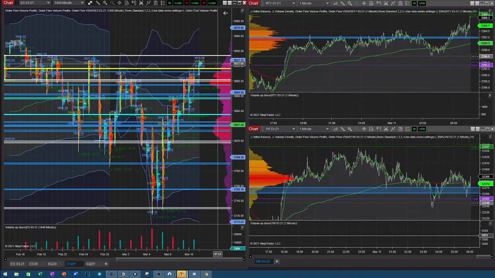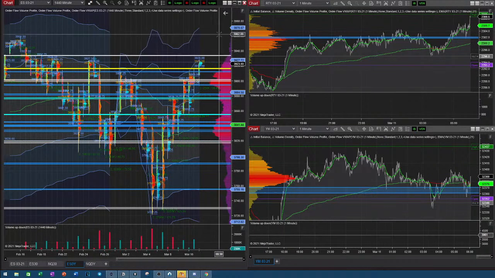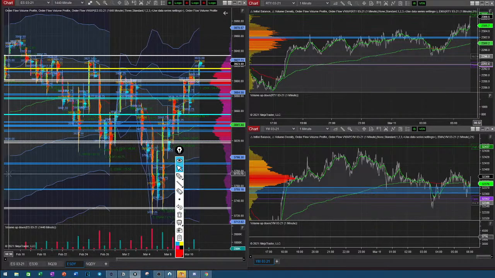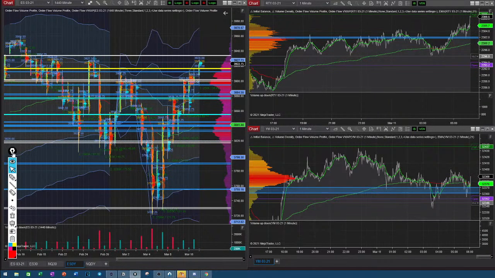So anyways, like I said, I am looking to get long today, and then my first target is up here at 39.33. And one thing we want to note is the low volume node up here.